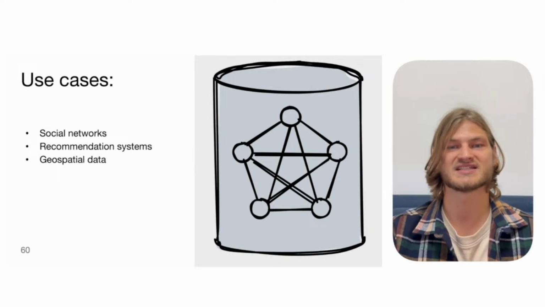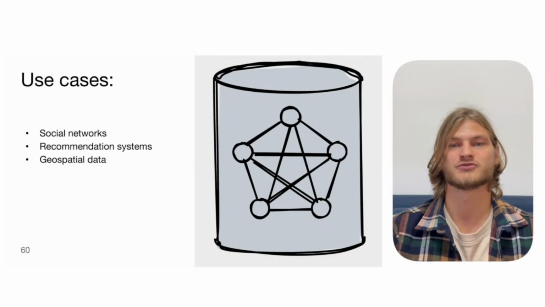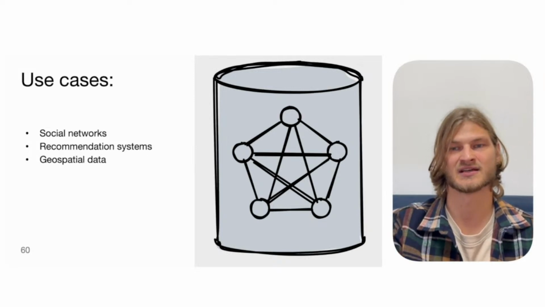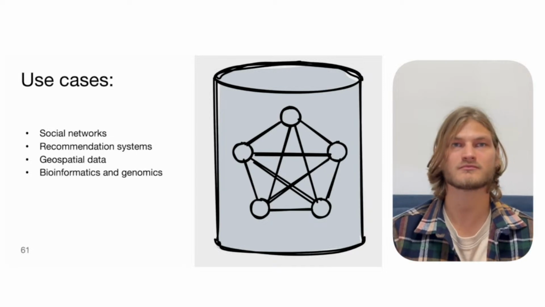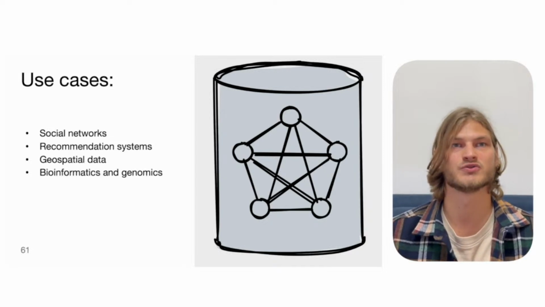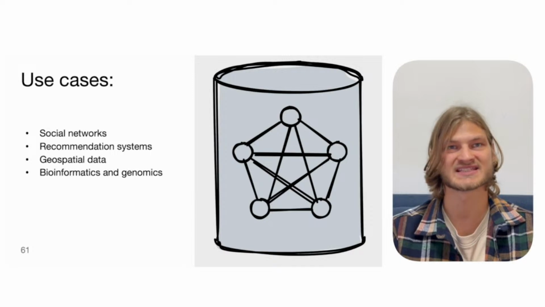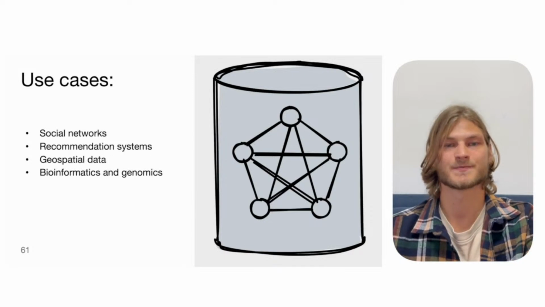Also, it's good for geospatial data. Graph databases are well suited for storing and analyzing geospatial data. It can be maps, especially roads, and some locations. It is widely used in bioinformatics and genomics.